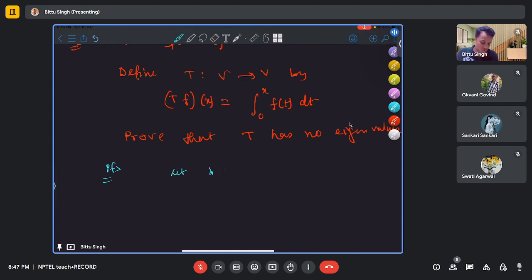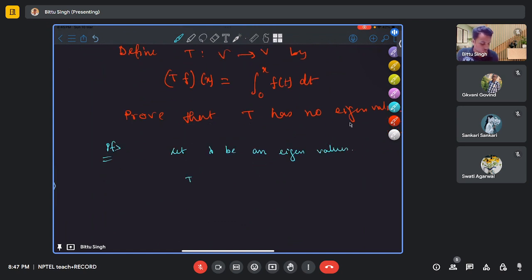Let lambda be an eigenvalue. Assume on the contrary, then Tf is the same as lambda times f. Now if you apply Tf on x, case 1, similar to the previous, assume lambda is non-zero.